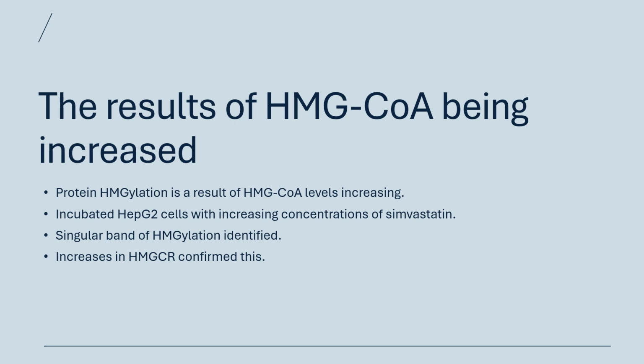And what this did is it revealed a singular band of HMGylation occurring at all time points and concentrations. Now, this suggested HMGylation is an effect of HMG-CoA reductase inhibition, and this modification was shown to appear rapidly based on the band of HMGylation being present at the earliest time point.